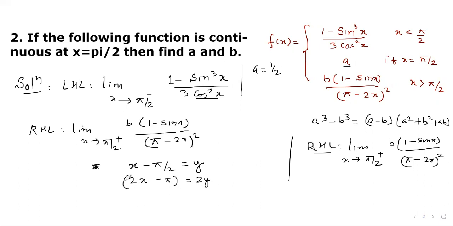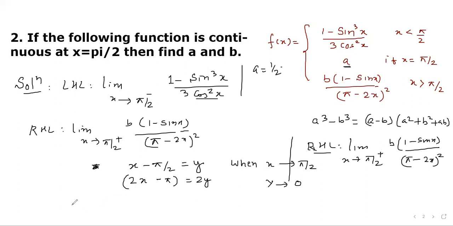So when x tends to pi by 2, y tends to 0, because when we put x equal to pi by 2, y will become 0.